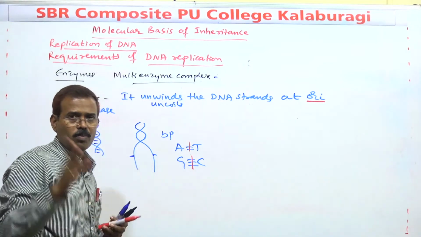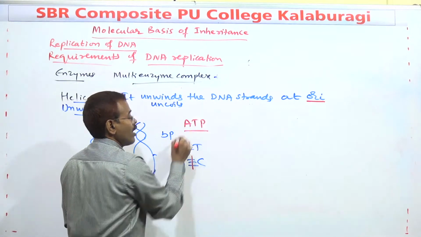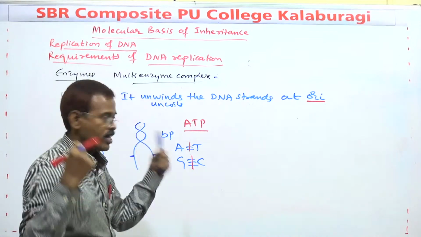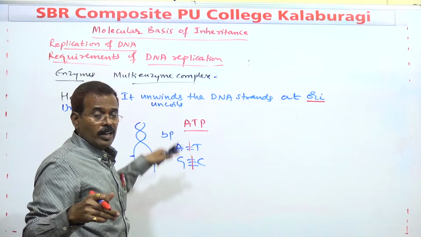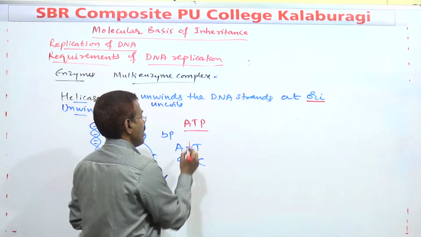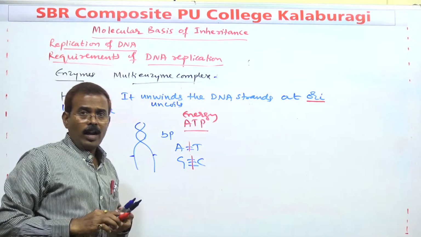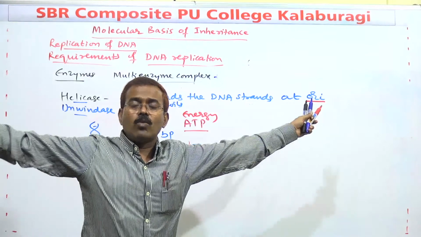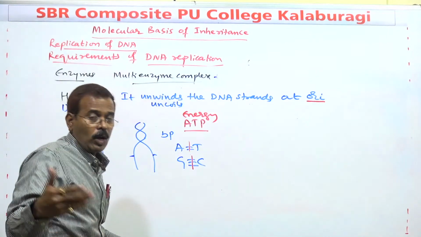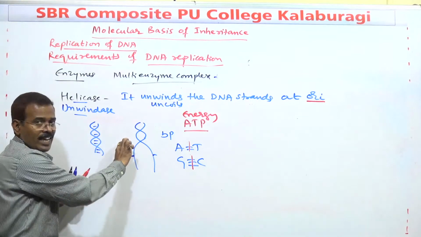Hydrogen bonds will be broken by using ATP. So the helicase enzyme makes use of energy supplied by the ATP. Remember, the complete DNA will not be unwound at a time, because it requires more energy.